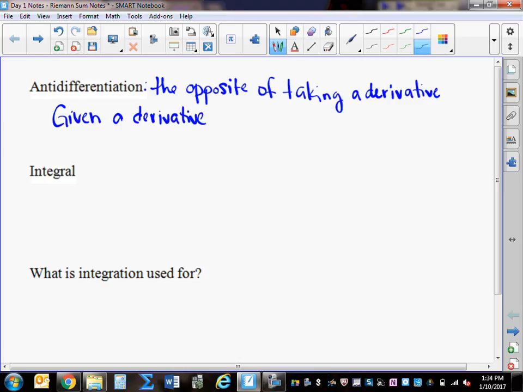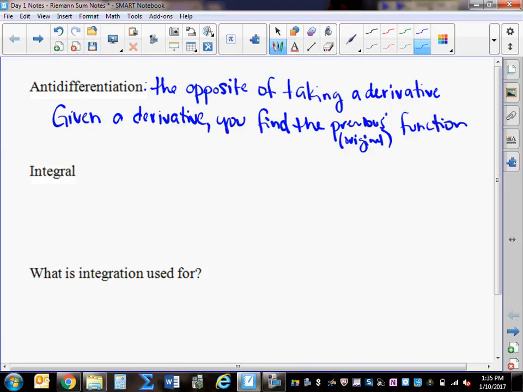So when you're given a derivative and you anti-differentiate it, you find the previous, the original function. So you're basically going back a step. For example, if I gave you your velocity function, you can anti-differentiate it and find your position function.